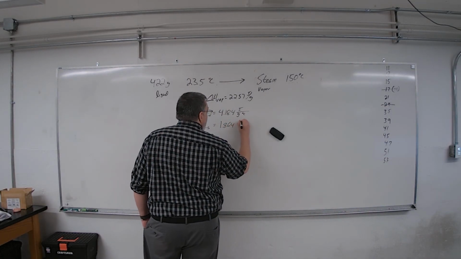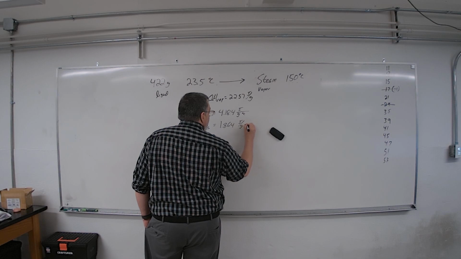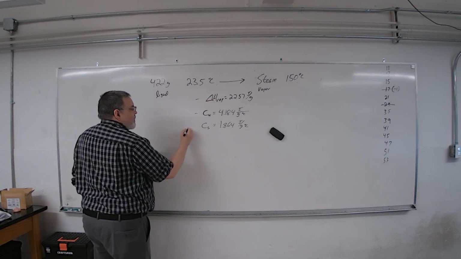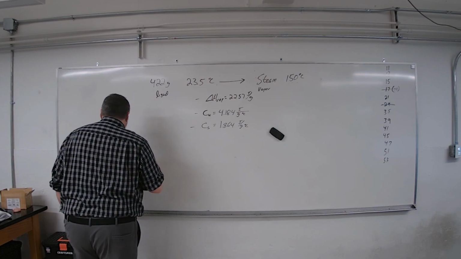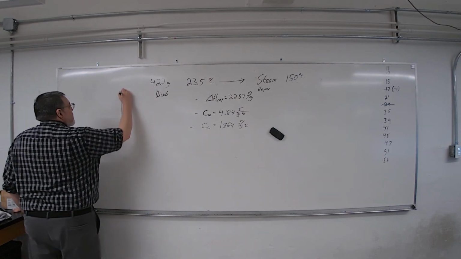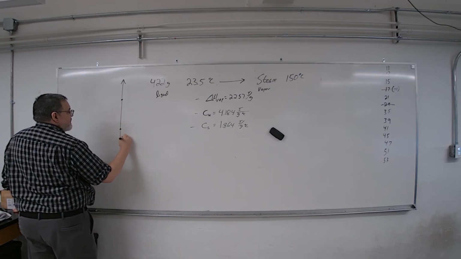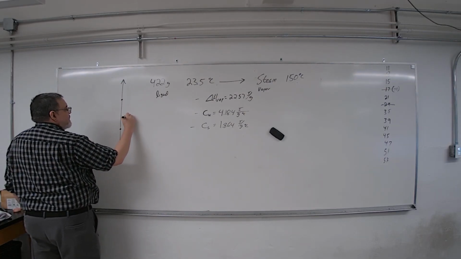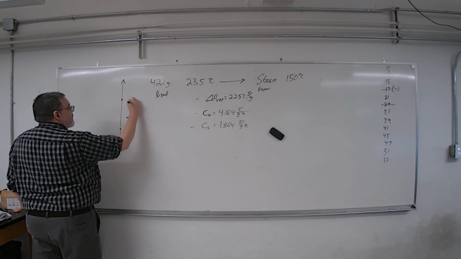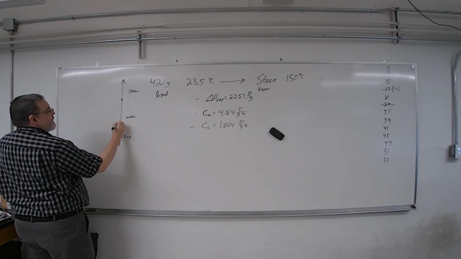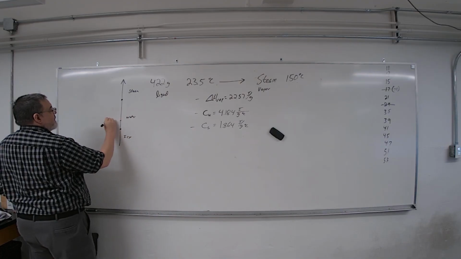All right, so transition point. This is heating water, and this is heating the steam. So what this is saying is, here's ice, water, steam. We're starting at 23.5.